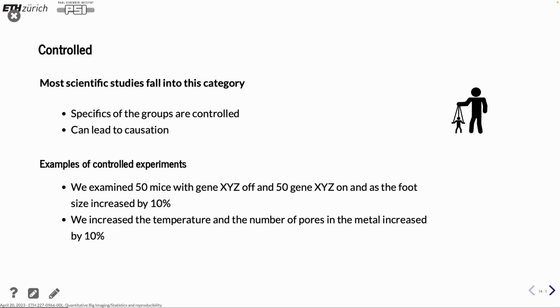Also, if we have some metal cast, you can see that with an increase of temperature the number of pores increases by 10%, and that's also where you really have different classes. One is temperature 0, and the other one you heat up to higher temperatures, and then you see some differences.